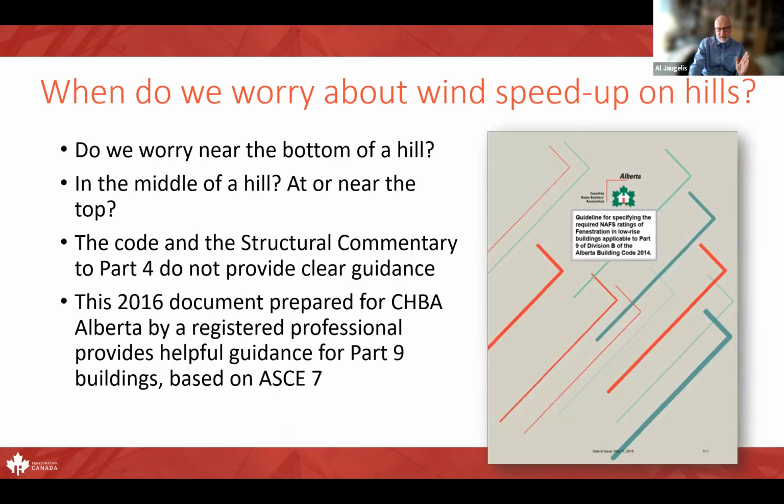several years ago, to solve a different problem in Alberta, a document was created by the Canadian Home Builders Association. The long and the short of it is that at the time, they needed an engineer to calculate the appropriate performance grades for Alberta in 2014.